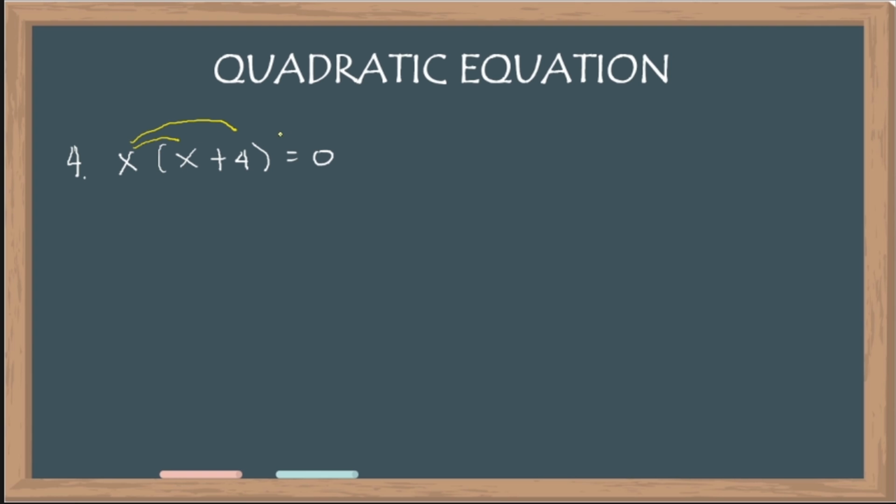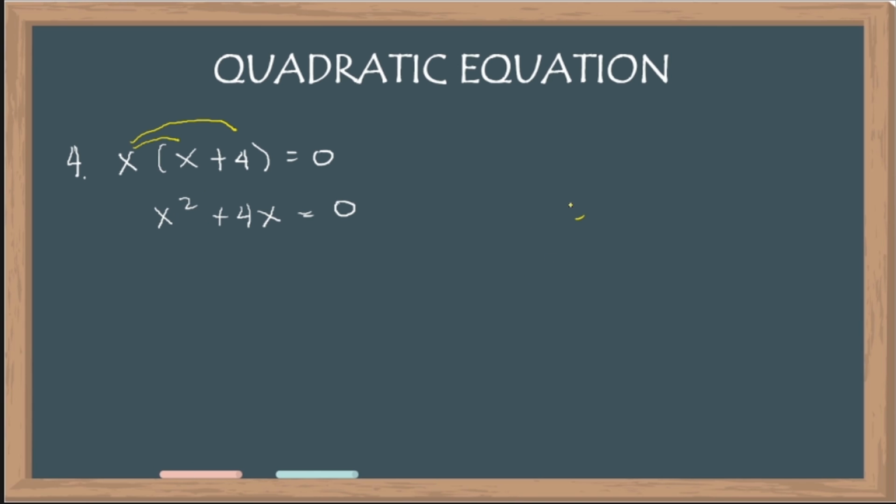Pag may parenthesis multiplication dyan, we'll apply distributive property. X times x is x squared. X times 4 or 4 times x, that's 4x. Okay? So, kung mapapansin nyo, meron na tayong exponent na 2. So, therefore, still, this is a quadratic equation.